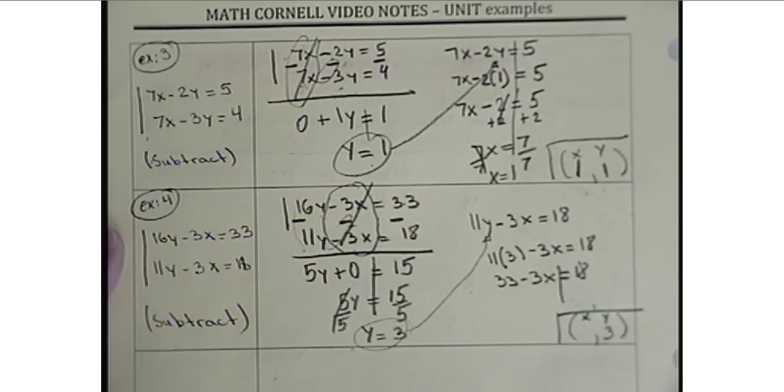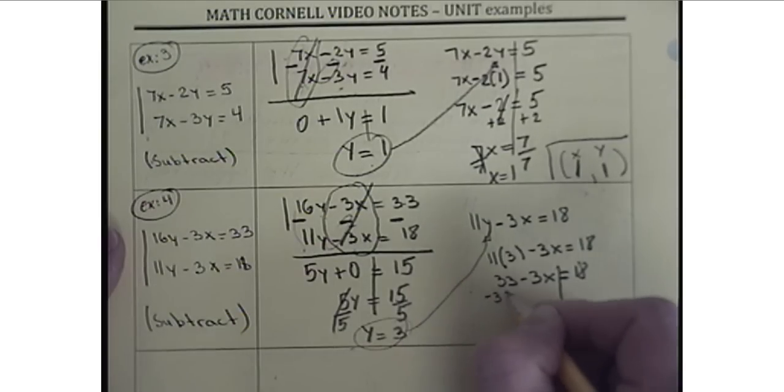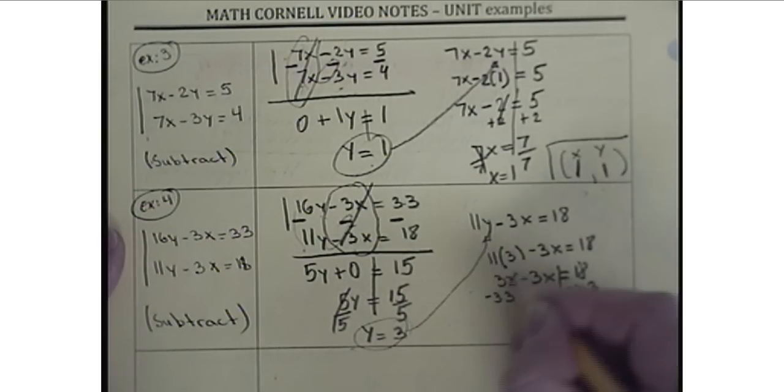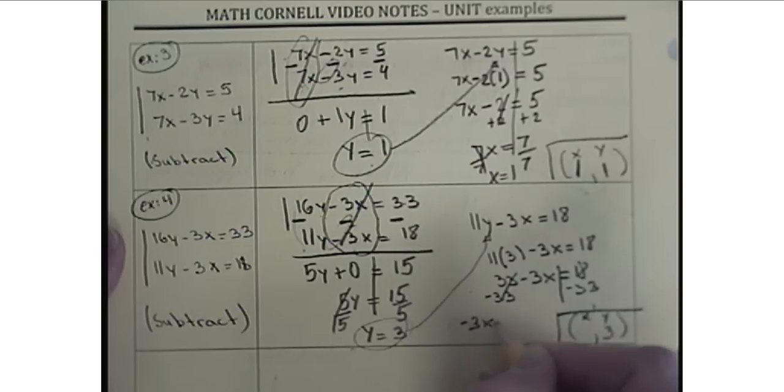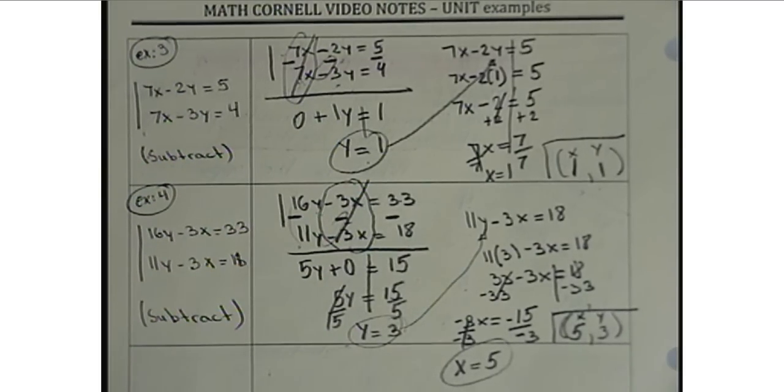Solving the equation for x, subtract 33 from both sides, so we get negative 3x equals 18 minus 33, which is negative 15. Then we'll divide by negative 3, so x equals positive 5 will be my final part, and we'll end with the solutions.